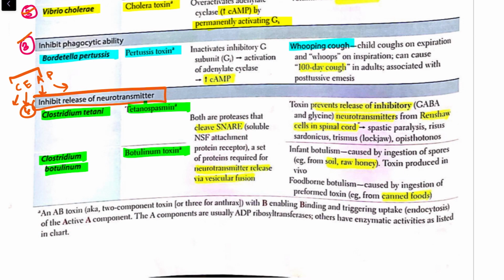That causes tetanus. And in infant botulism, which is caused by ingestion of soil and raw honey, toxin is produced in vivo due to the consumption of these organisms. Then in foodborne botulism, there is ingestion of preformed toxins in canned food.